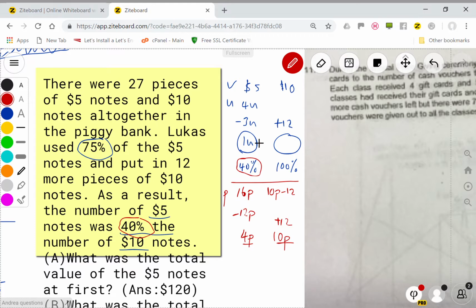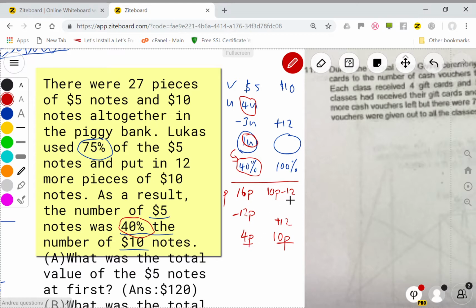Now when I go backwards, you see the ratio here is 4:1. And this 1 represents this 40%, which is my 4 parts. That means initially there's 4 times, so I need to times 4, so 16 parts here. That means this whole column must times 4. So this becomes 16 parts minus 12 parts equals 4 parts.